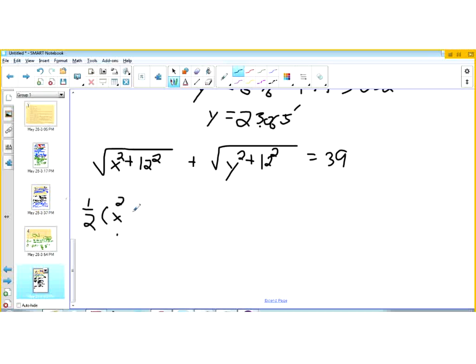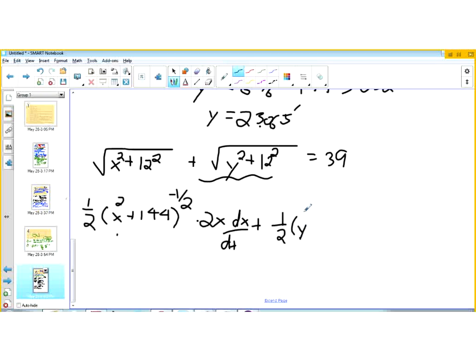So differentiating both sides with respect to t, I'll have 1/2 times x squared plus 144 to the negative 1/2. That's the power rule. Now I have to use the chain rule. So take the derivative of the content inside of parentheses. That would be 2x times dx over dt. And now differentiate the next term, this term right here, with respect to t.